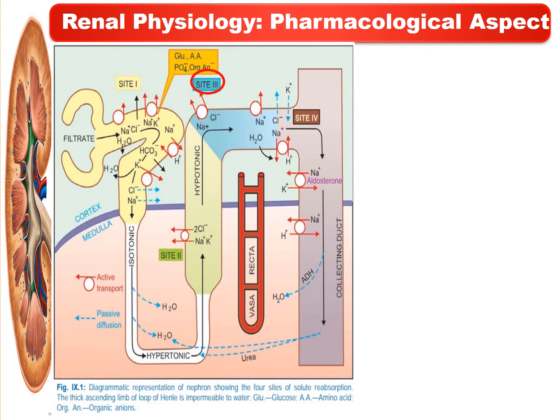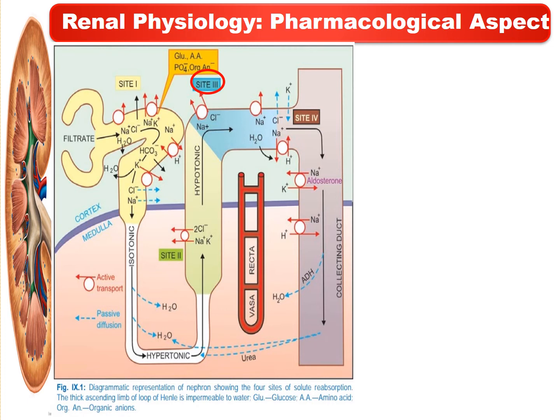Before discussing site 3, let us go through the previous site, site 1. From site 1, the isotonic urine enters into the loop of Henle. This isotonic urine becomes hypertonic in this segment.